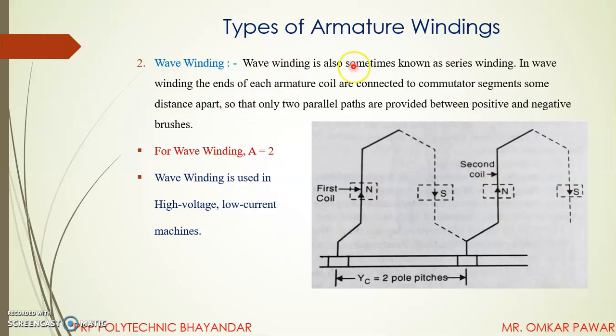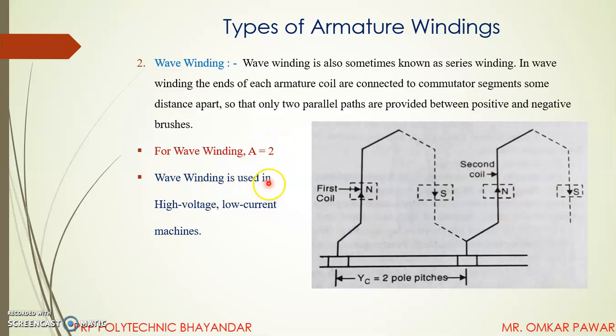And for wave winding, wave winding is also sometimes known as series winding. In wave winding, the ends of each armature coil are connected to commutator segments some distance apart, so that only two parallel paths are provided between the positive and negative brushes. So for wave winding, the number of parallel paths, A, is always 2 irrespective of the number of poles.